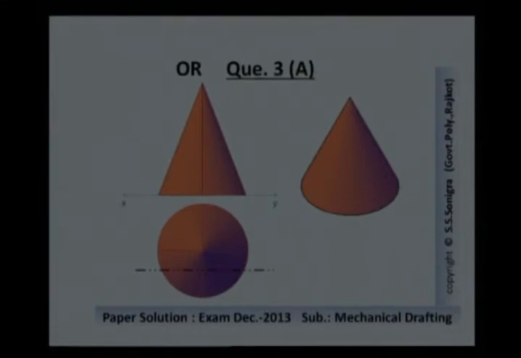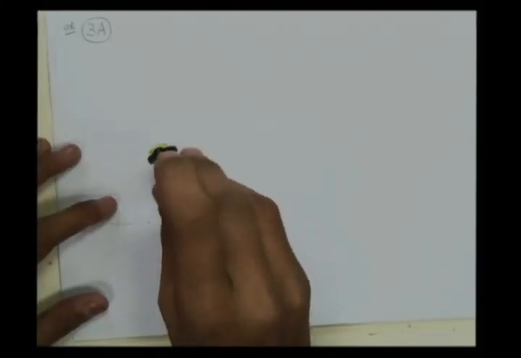So for that, let me draw the given cone. Here the cone is given like this. Diameter of the cone is known to us, that is 50 millimeter, and height of the cone is also given to us.